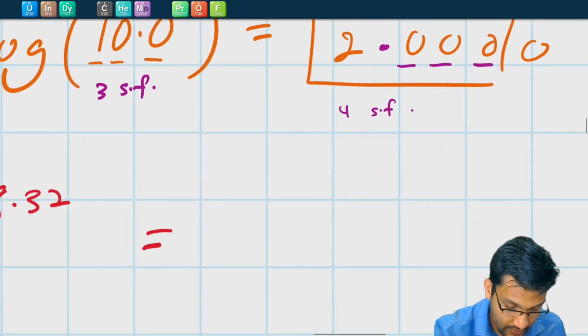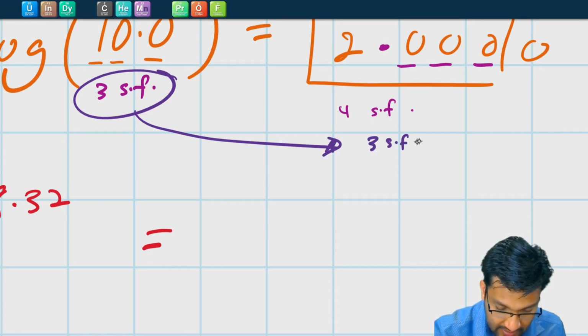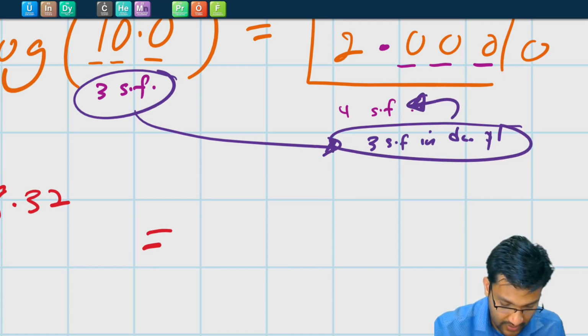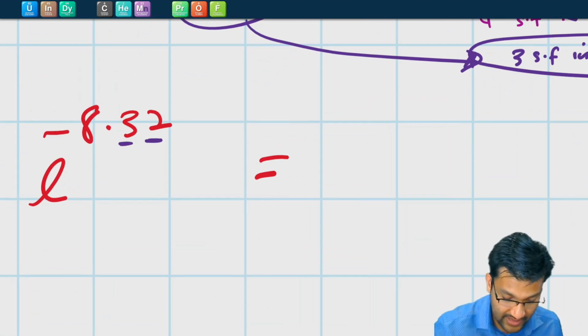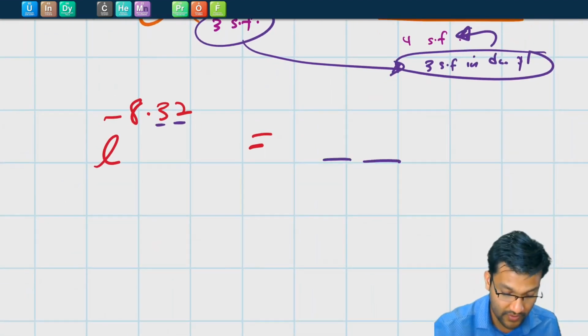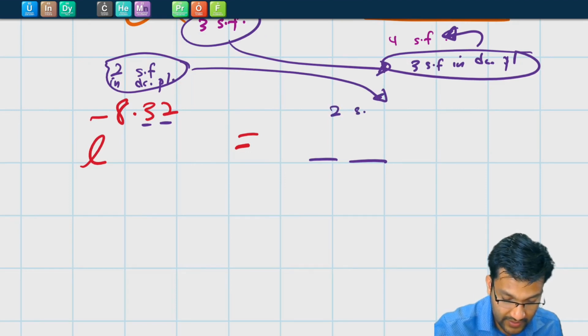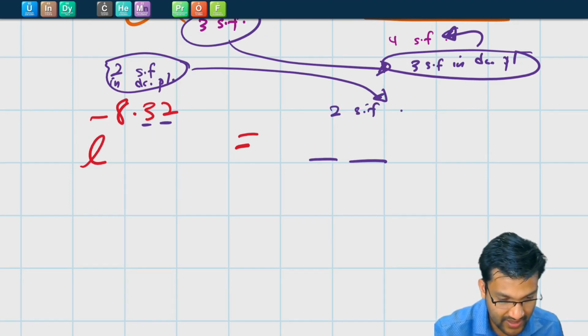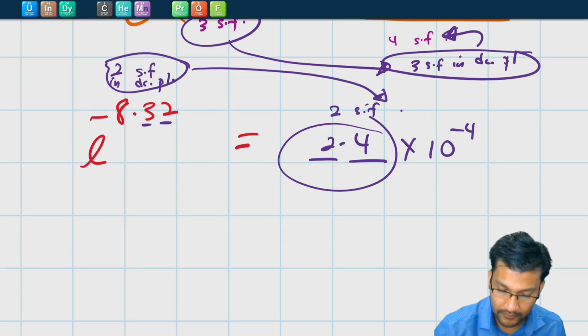So 3 sig figs in the decimal place becomes 4 sig figs overall for the log. Here, we count sig figs in the decimal place. 2 sig figs in the decimal place should become 2 sig figs overall. And so if I punch this number in my calculator, I get something like 2.4 times 10 to the negative 4. Here's my 2 sig figs.